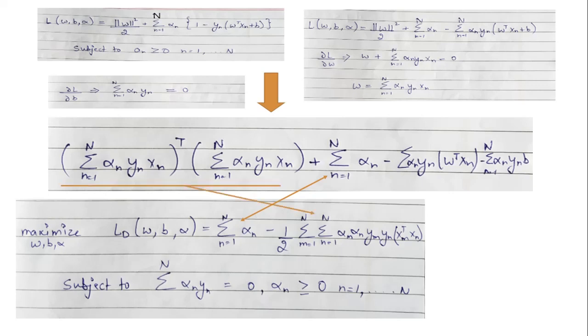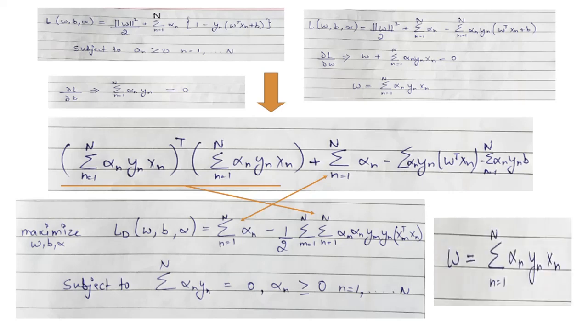So this is the new optimization function which we have to optimize. Now we don't have the w term in this equation, so we have to maximize this function, and once we get the value of alpha, we will substitute the alpha value in this equation and get the w value. And if you can see the equation, we are multiplying the alpha terms, that's why it becomes dual quadratic optimization.